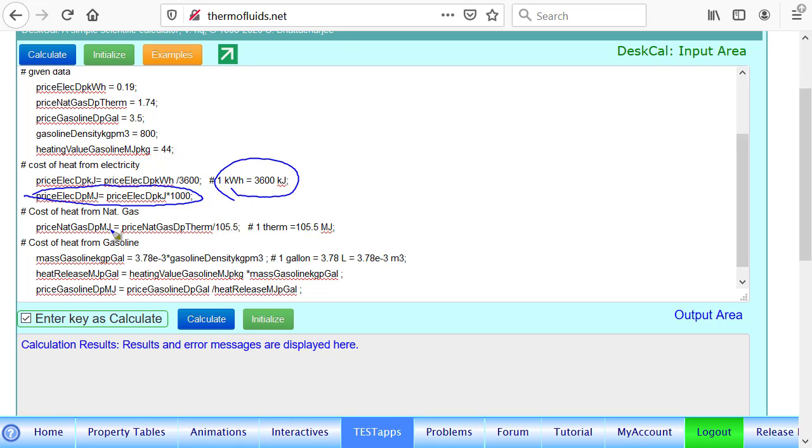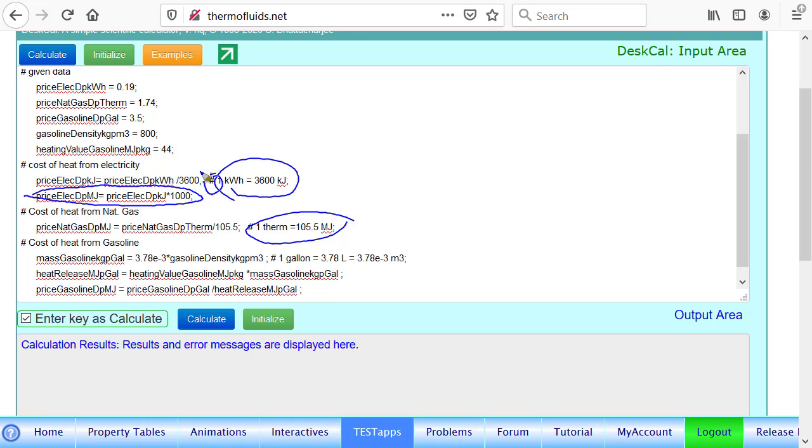The price of natural gas in dollar per million joule is simply dollar per therm divided by 105.5 million joules per therm. By the way, the hash symbol means a comment, so you can write anything anywhere and it will be ignored by the program.